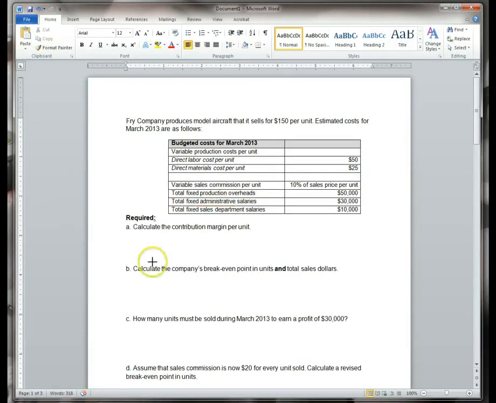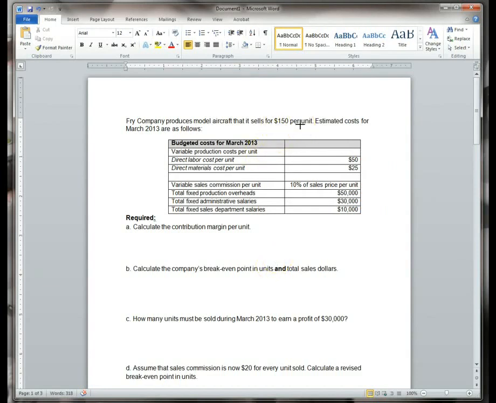Those are those line items there. And total fixed sales department salaries. So we have three numbers here. So ultimately we have three types of variable cost and three types of fixed cost, and then we have M&Ms. Good, chocolatey. And then we have a sales price up here.